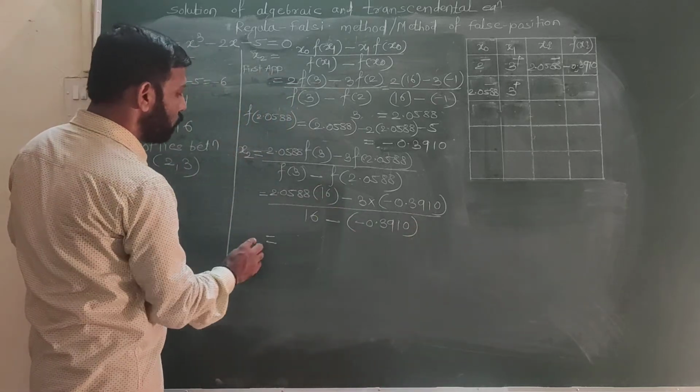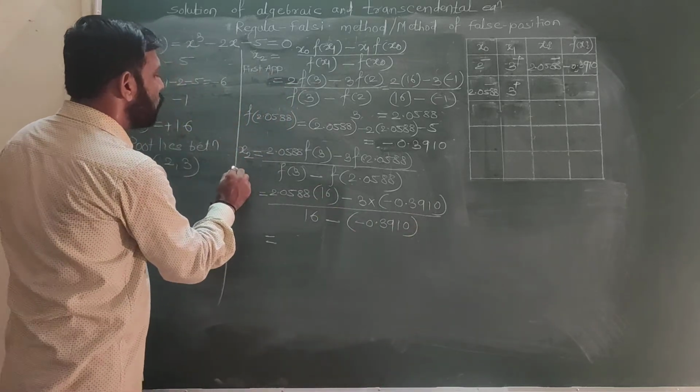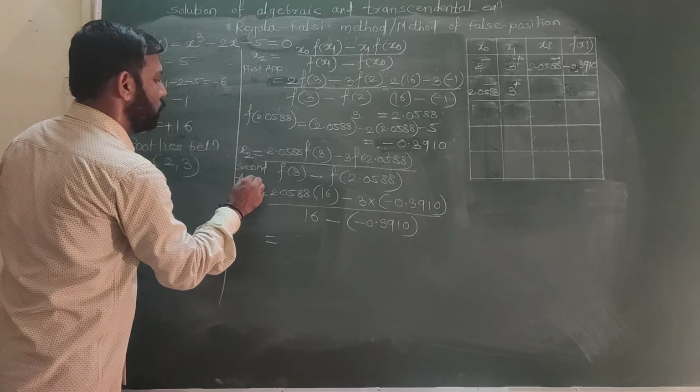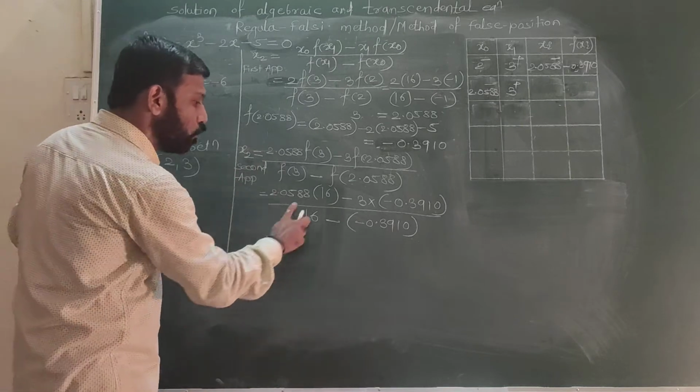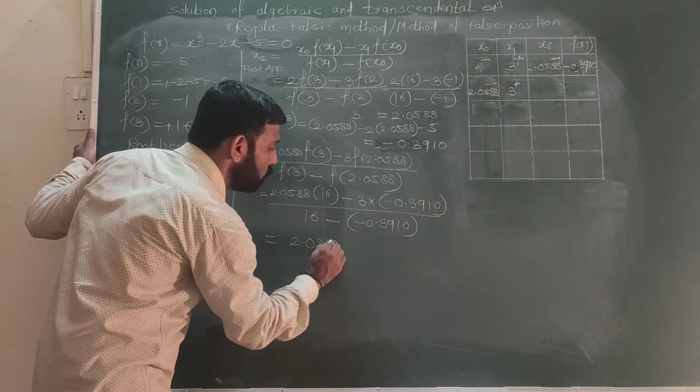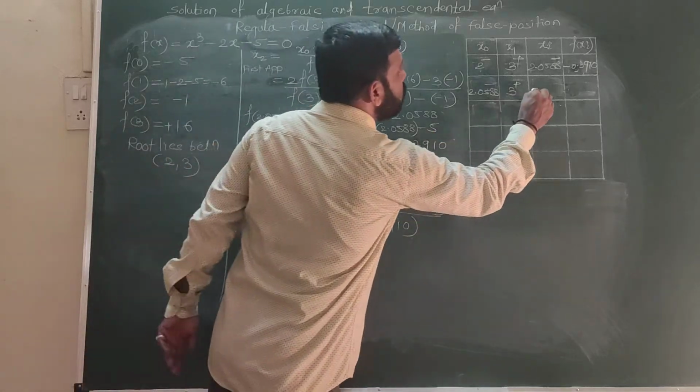Calculate this expression on the calculator. Now this becomes our second approximation, and the calculation gives 2.0813.